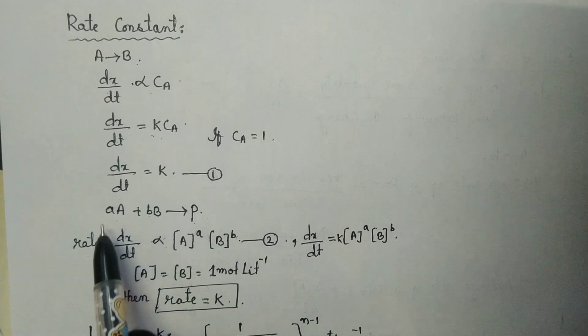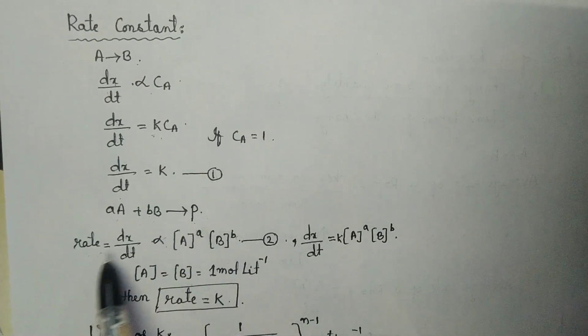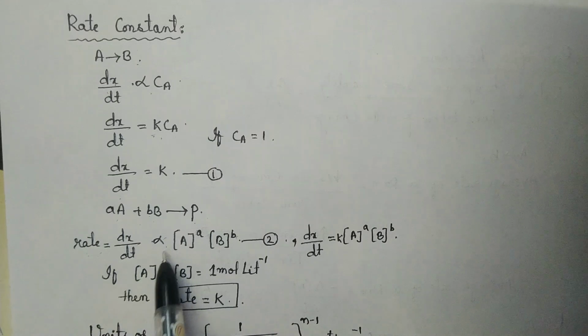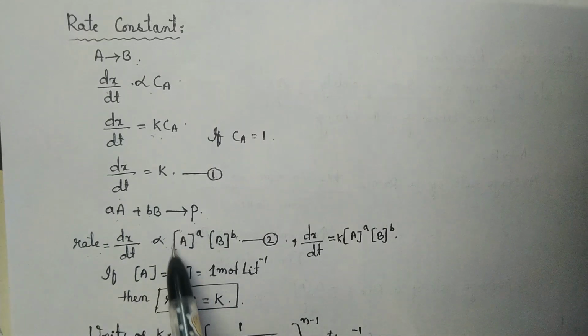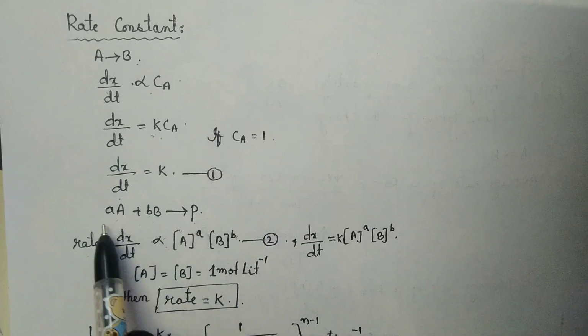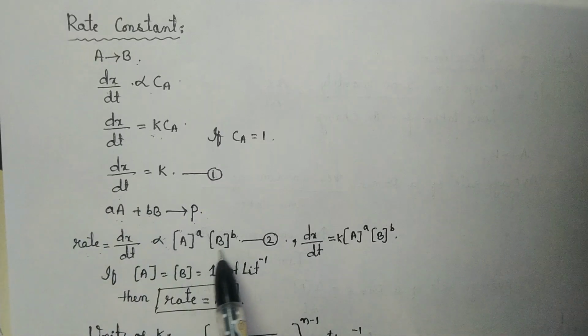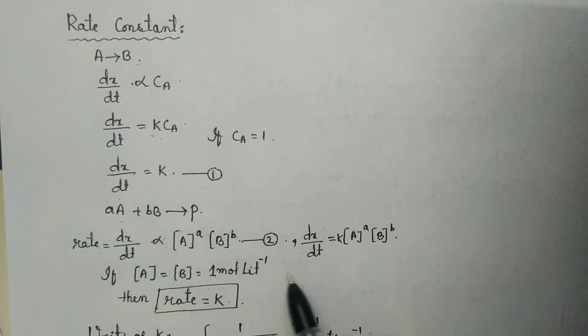Now a moles of A plus b moles of B gives rise to P. So rate, dx by dt, is directly proportional to concentration of A to the power small a, where small a means number of moles of A, reactant, and concentration of B to the power small b, that is number of moles of B. So this is equation number 2.